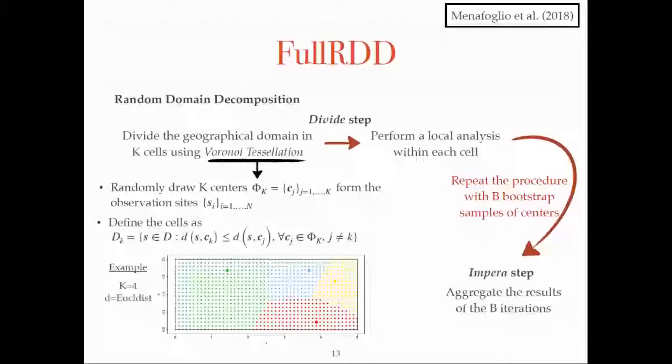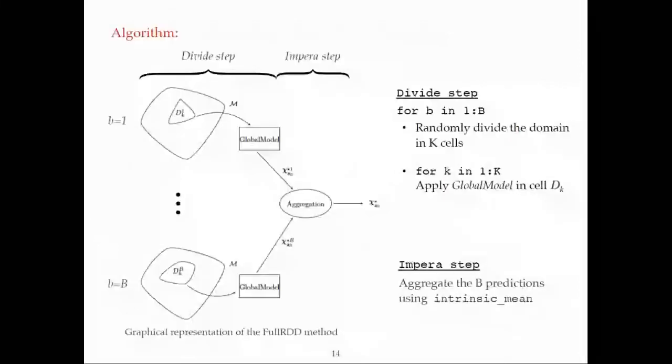Since the partition of the domain is random, the procedure is repeated many times, let's say b times, and then the results are aggregated. So, as shown in the graphical schema, at each repetition we obtain a prediction for the value in S0, and then the final result is computed as the intrinsic mean of these values.